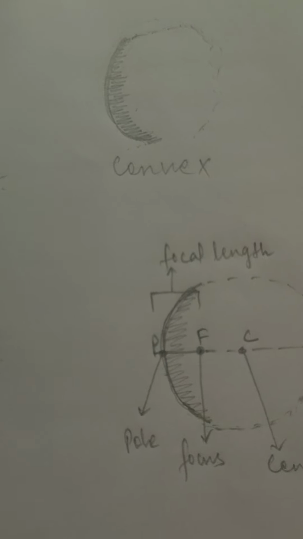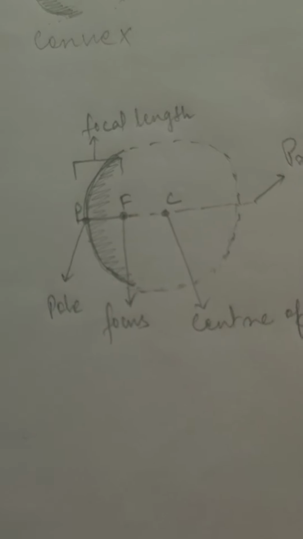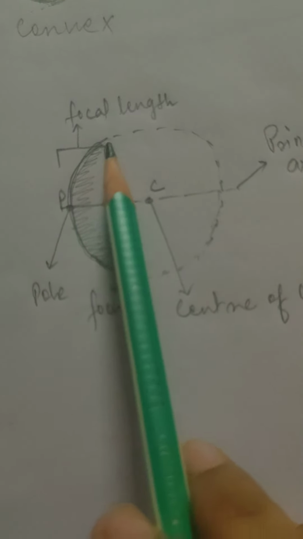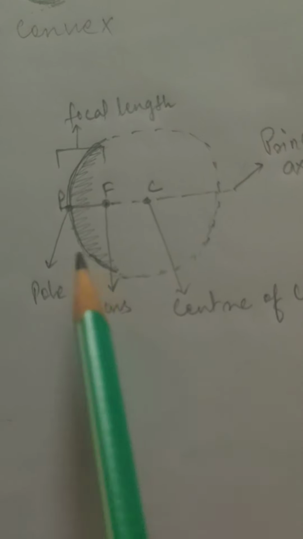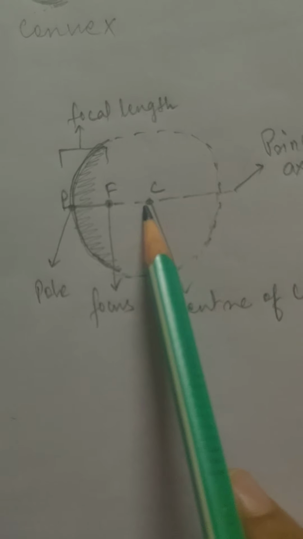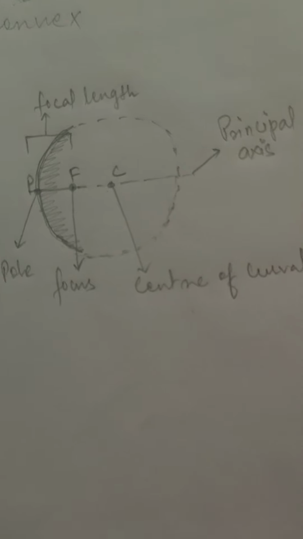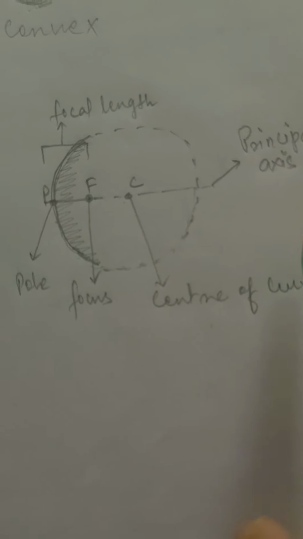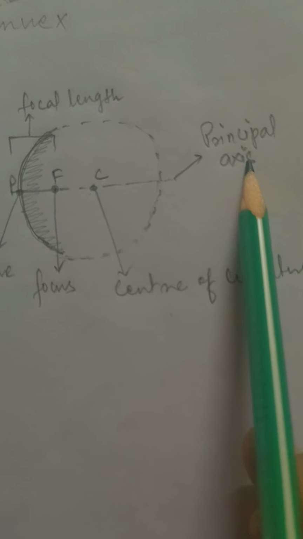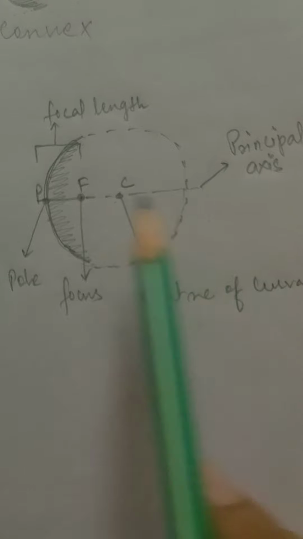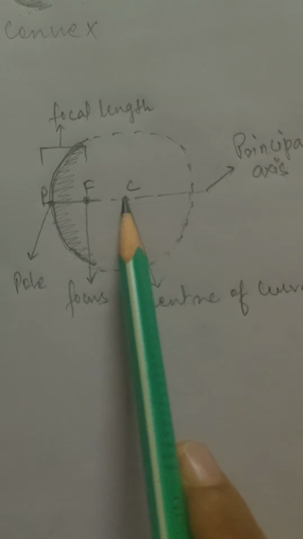That means these mirrors are parts of a circle. So we make an imaginary circle, and the center of that circle is known as the center of curvature, or you can simply call it the curvature. Next, the diameter of that circle is known as the principal axis, and next is the distance between the pole and the curvature.